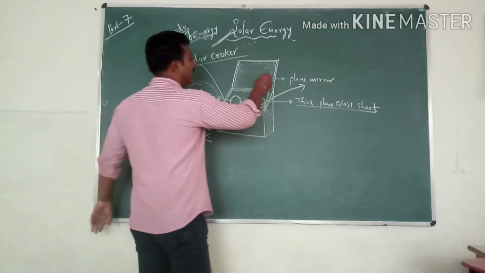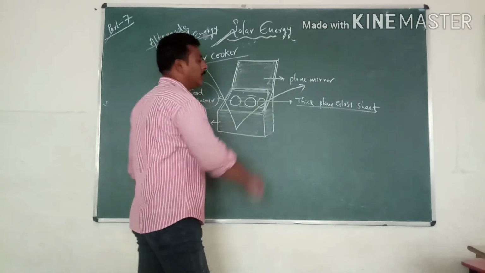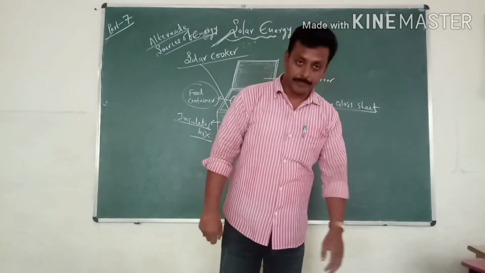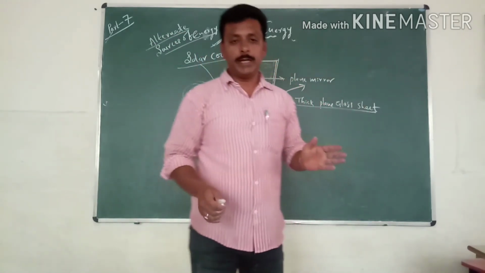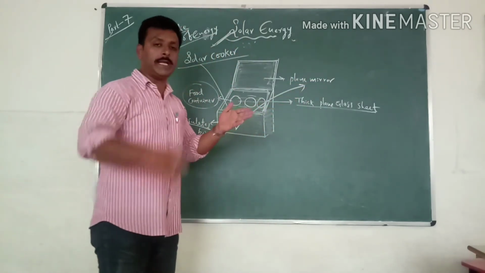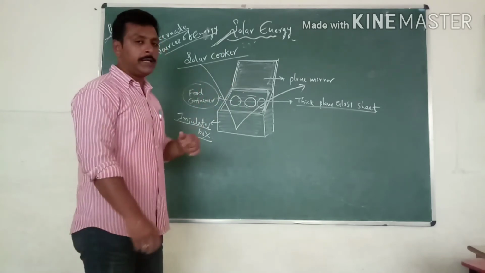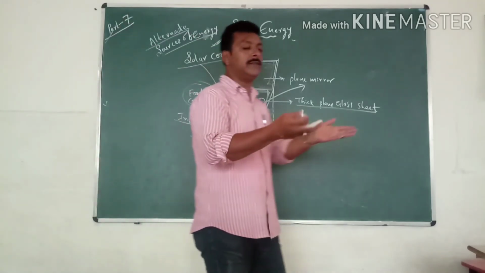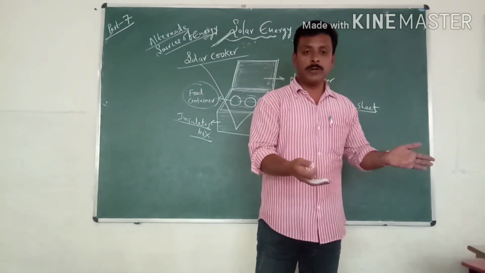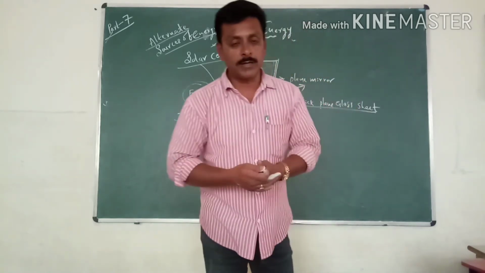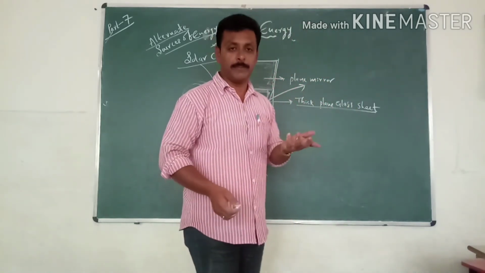उसके ऊपर here you can observe here we used plain mirror. Why we used the plain mirror? Mirror is a material which can reflect the solar energy. To prepare the food, you have to keep this box in sunlight. Sunlight तो directly जहाँ तुम box रखोगे वहाँ तो sun नहीं आएगा.